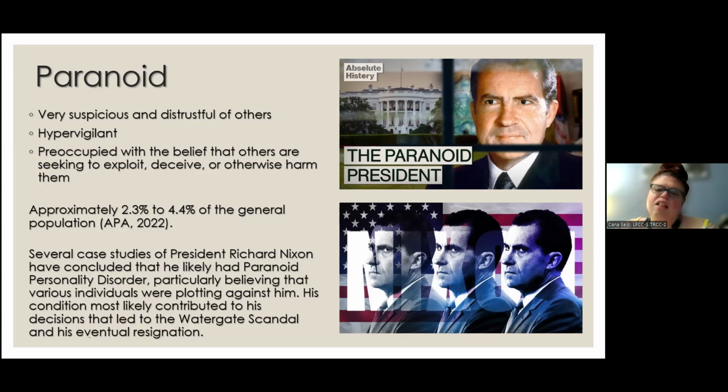He recorded all of his telephone calls. Ultimately, it was these thoughts and beliefs that led him to greenlight the raid on Watergate, which led to his resignation. But yeah, a lot of studies about his personality and his behavior have pointed to him having paranoid personality.